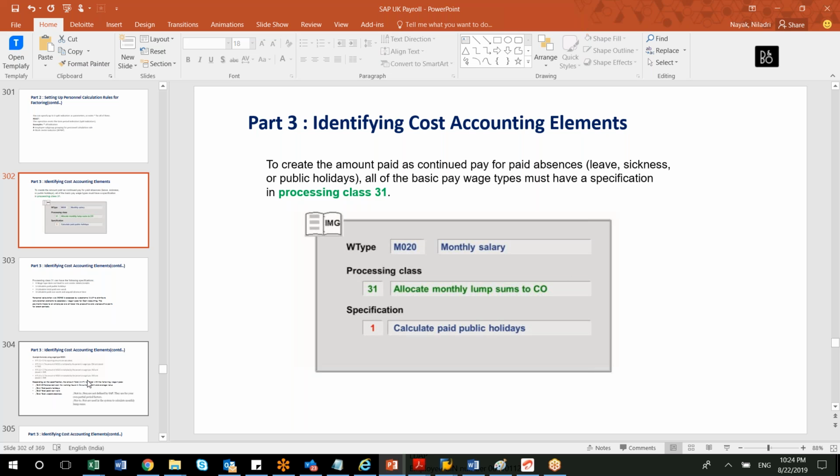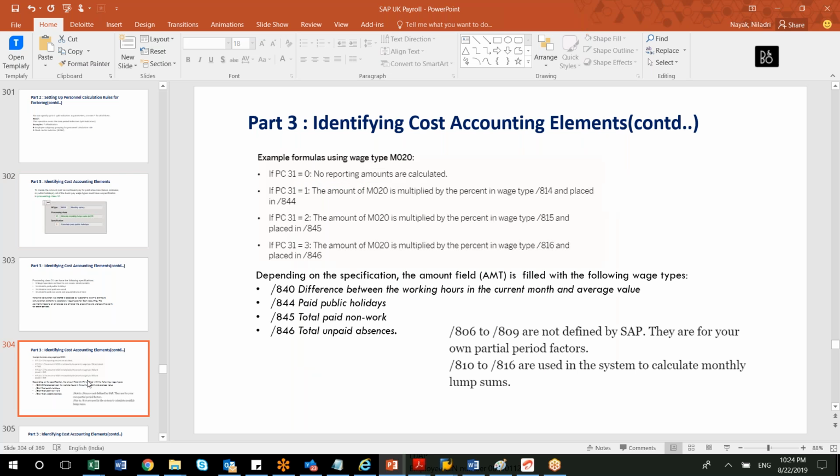In that case, the amount you have given in this M020, suppose the monthly wage is around 1000 GBP, will be multiplied by the percentage in wage type /814 and placed in /844.